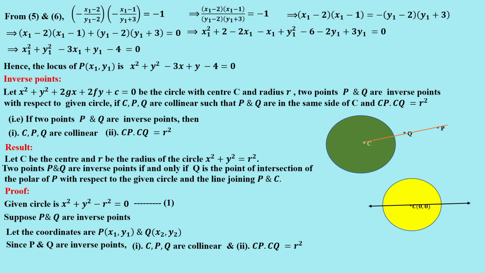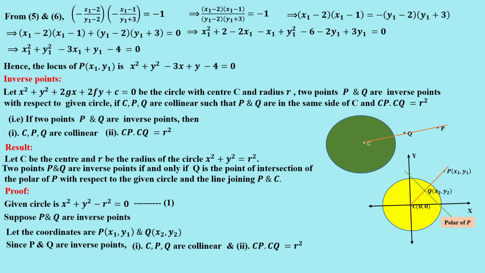The center is 0, 0 and the radius is R. So this is the x-axis, this is the y-axis. P (x1, y1) is a point and Q (x2, y2) is another point. They are collinear, in a straight line.